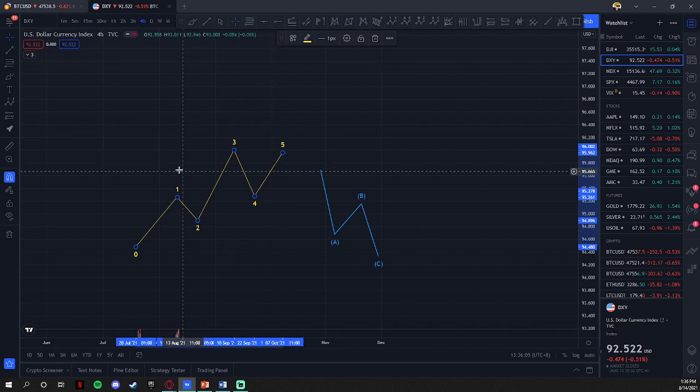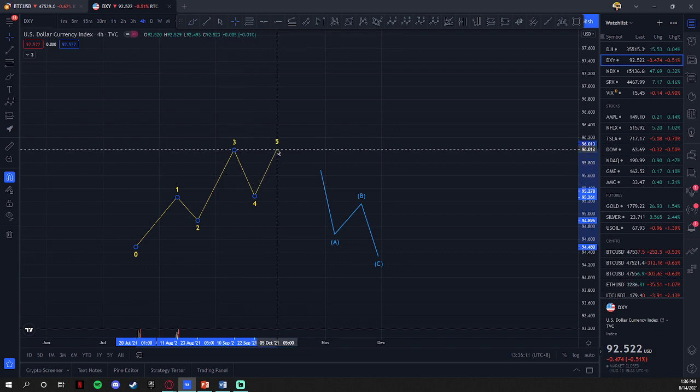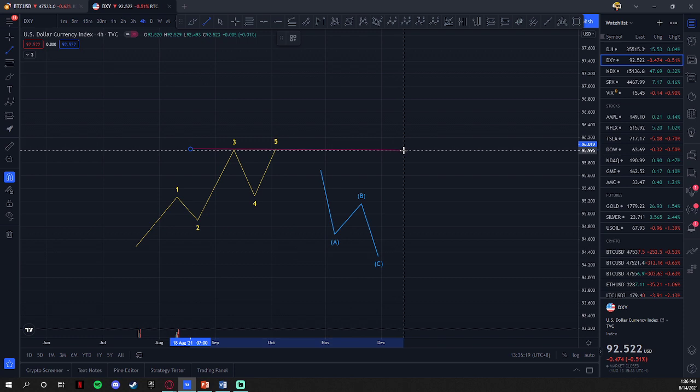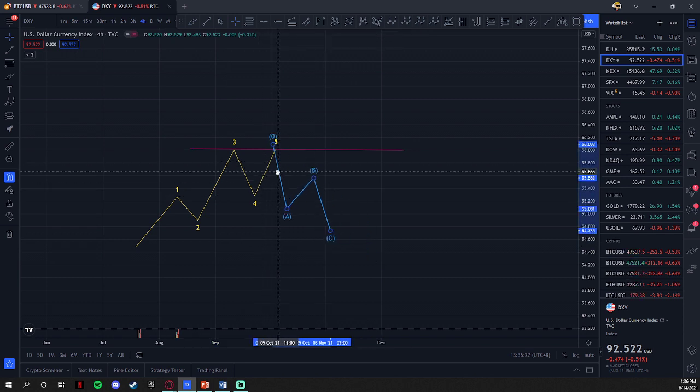So it's normal to see a wave 5 like this, where we get the 1 2 3 4 and the 5 ending on par with wave 3, and then you could have what is known as a double top resistance, where wave 3 and 5 created the double top, and then you get your ABC corrections.